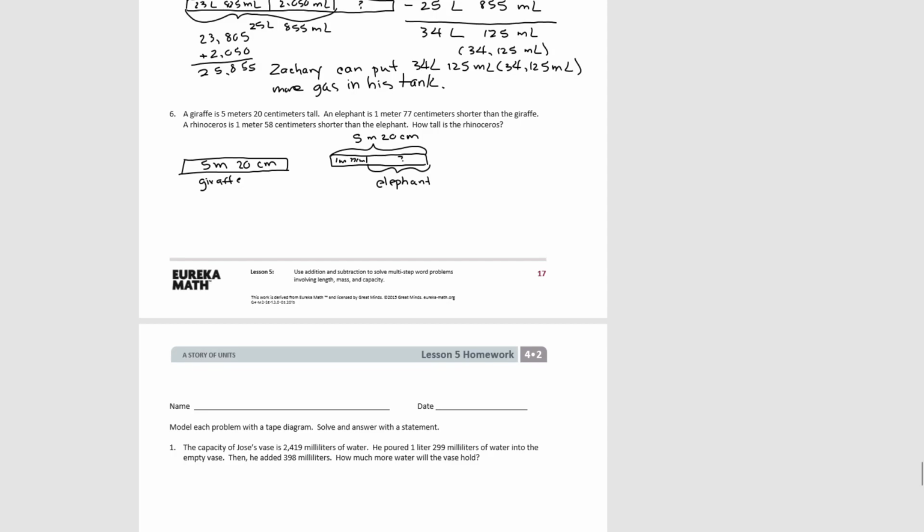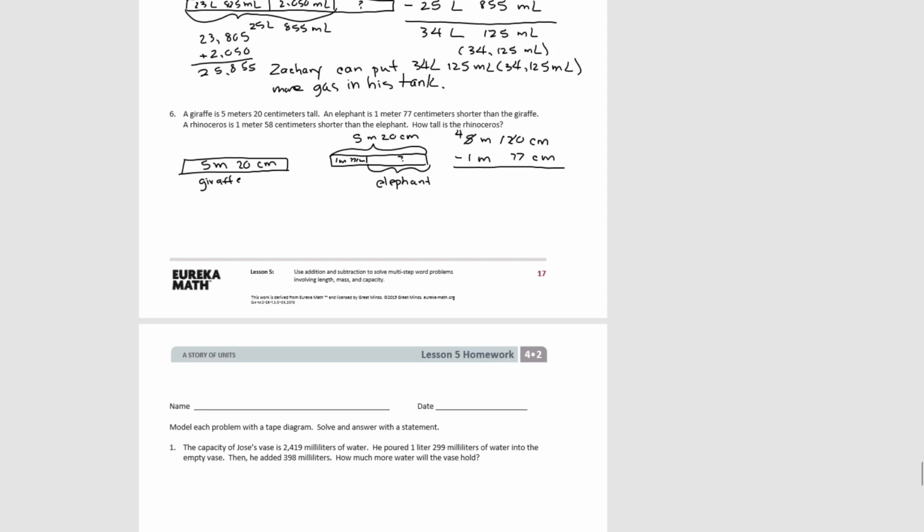So this tape diagram tells us that we need to subtract. So we start with the height of the giraffe, and we're going to subtract out the difference. So to do the subtraction, we're going to have to rename one of the meters as centimeters, 100 centimeters.